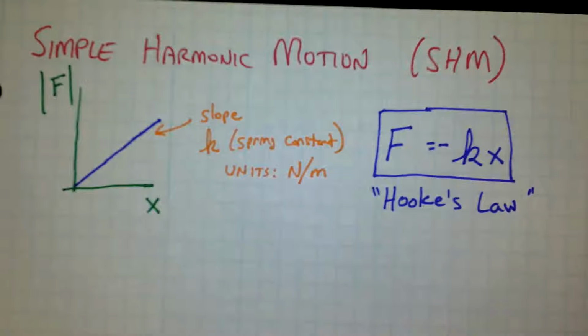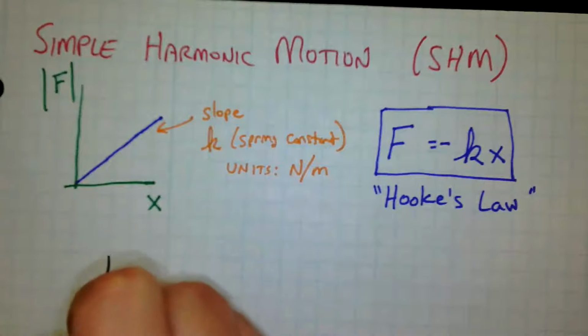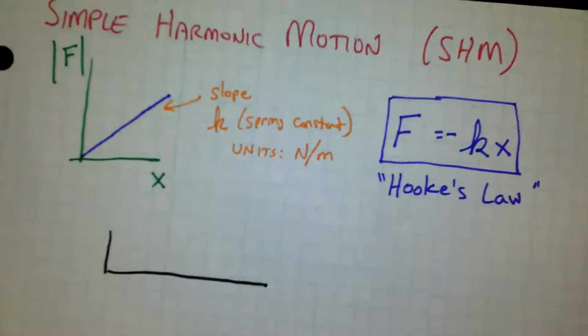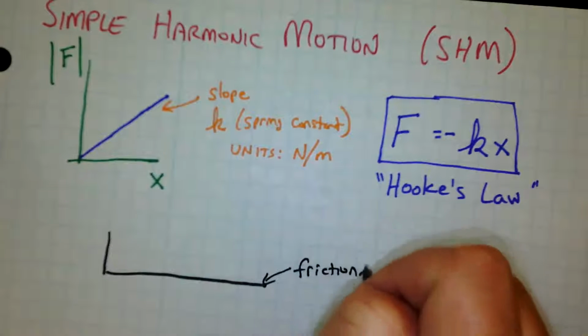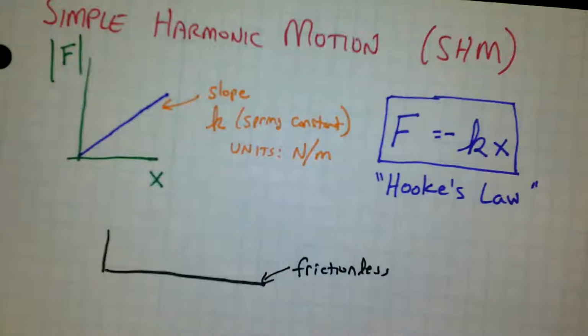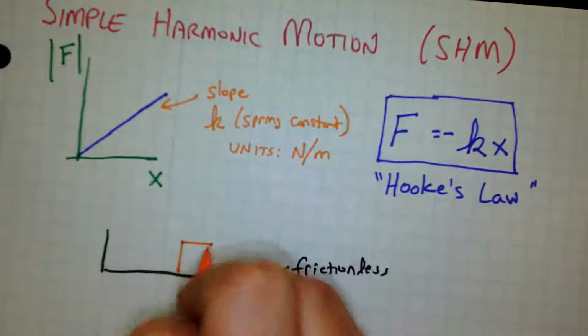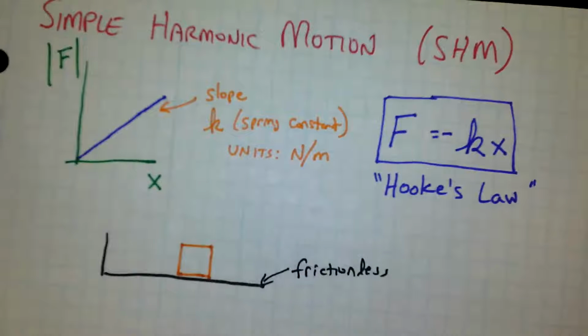So instead of a spring that's hanging up and down, I'm going to imagine an object that's on a surface like this, but we're going to say it's a frictionless surface. I'm going to put this object here, and attach it to a spring that's hooked to the wall.